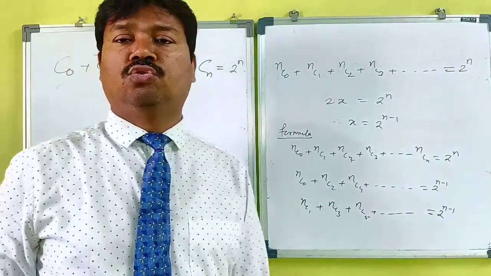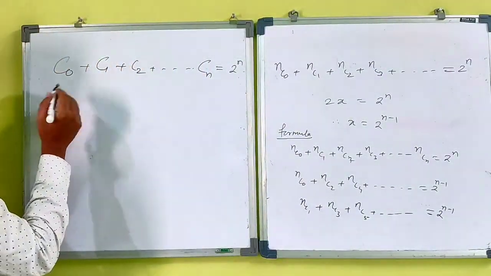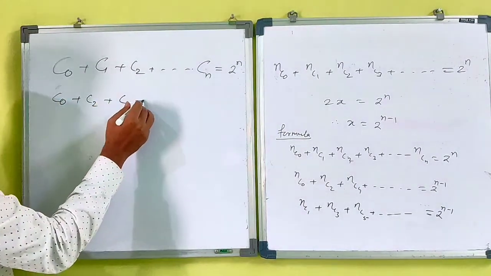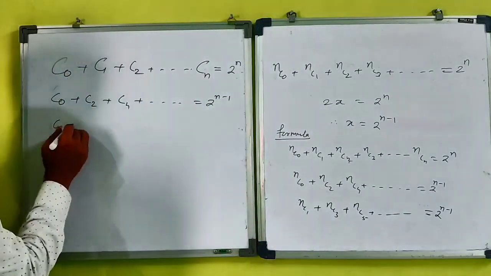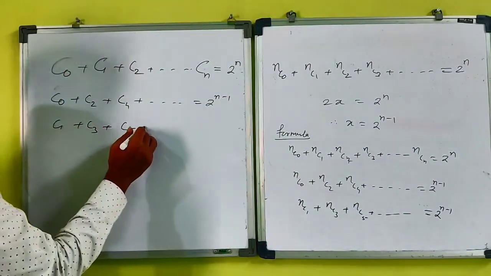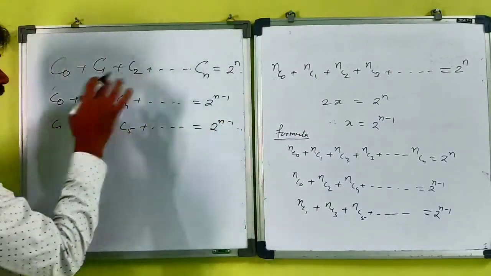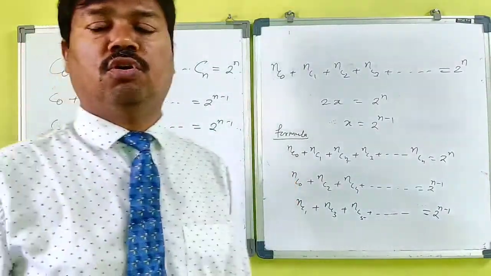That is equal to 2 raised to n. Similarly C0 + C2 + C4 and so on is 2 raised to n minus 1, and likewise C1 + C3 + C5. There is no need to write n every time because it is understandable from the coefficient.